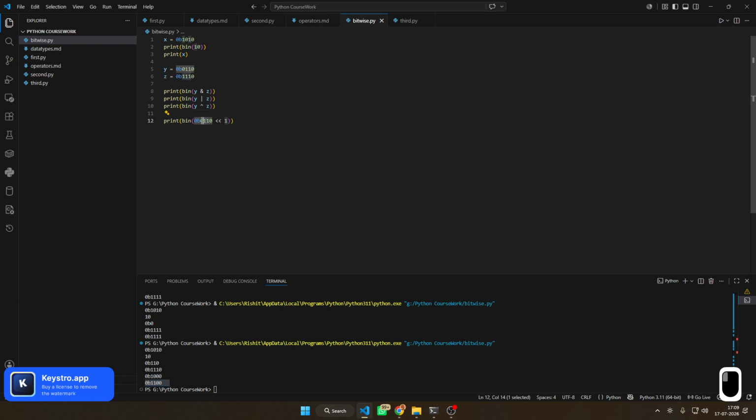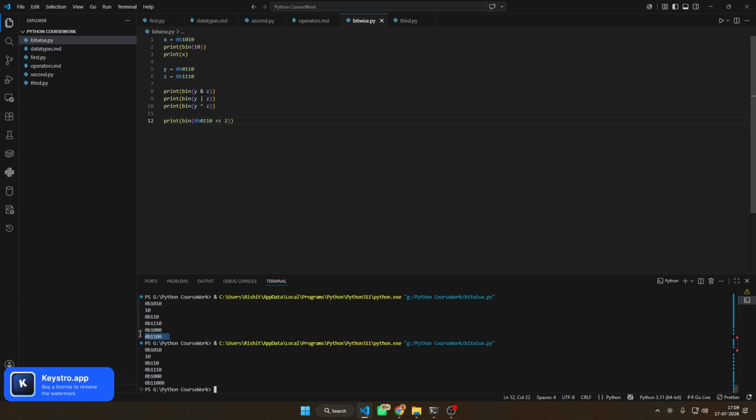You can see this digit is moving to its left, this digit is moving to its left, and a 0 is being appended to the right side, and the leading 0 is moving out. If we do it by 2, let's see what happens. You can see in this case 2 zeros are being added.